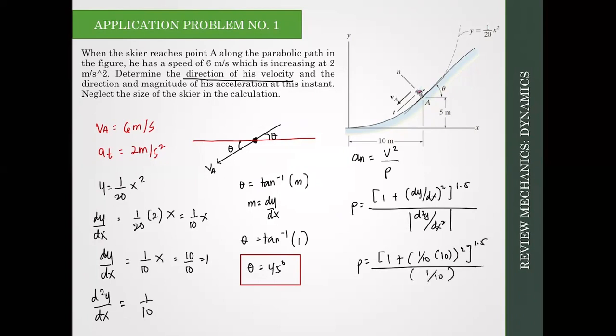Okay? So when we calculate, rho will be equal to 28.284 meters.